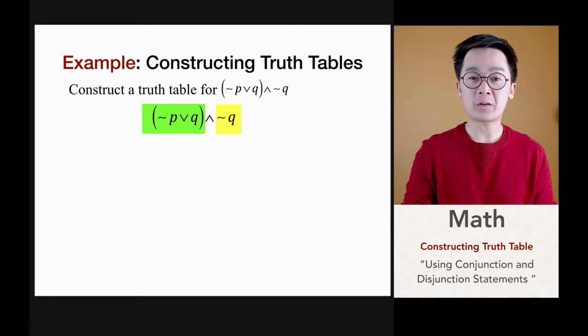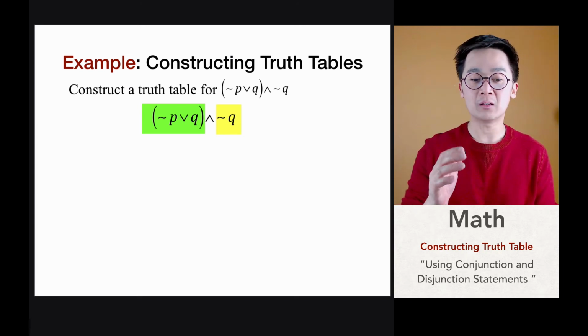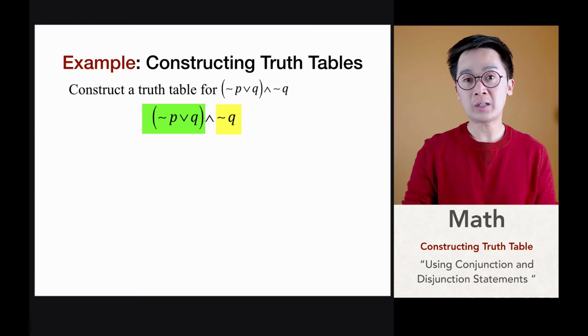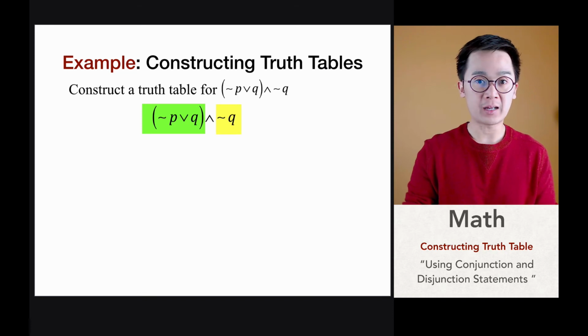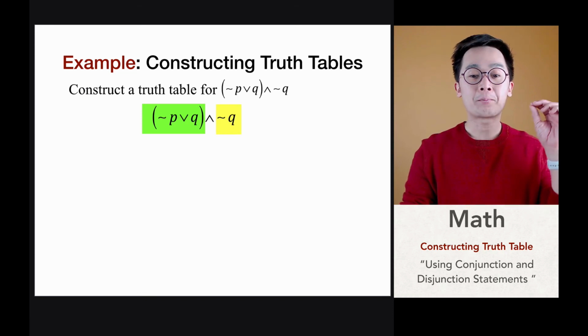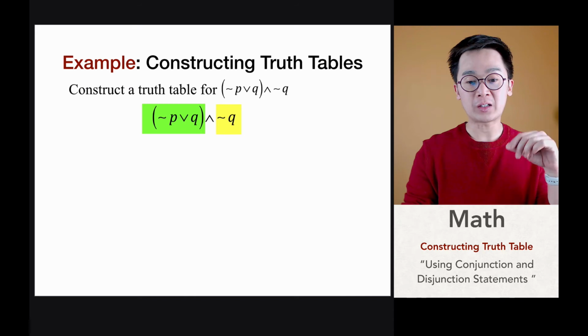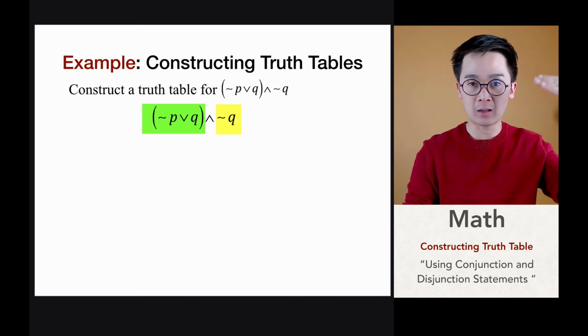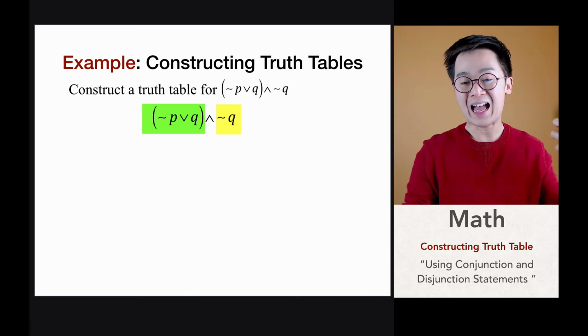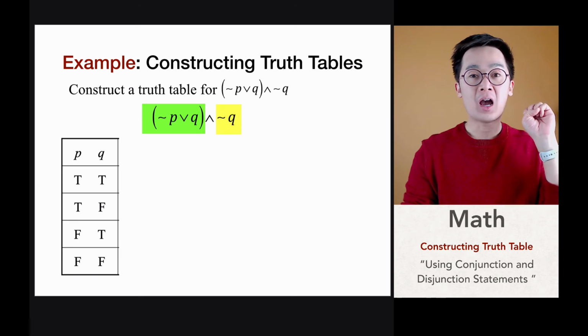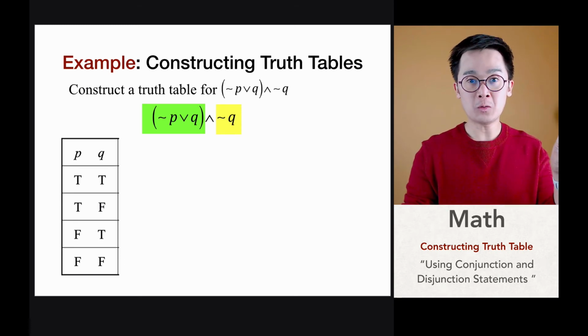If we're going to create a truth table based on this operation, we need to start with our basic statement, where we assume that P and Q will have the following combination of outcomes. We can have both true, the first statement true and the other false, F and T, and then both false.